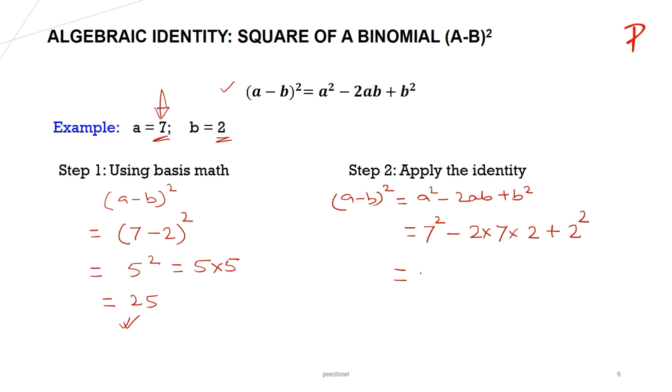Okay, 7 square is 49, minus 2 multiplied by 7 is 14, 14 multiplied by 2 is 28, plus 2 multiplied by 2 or 2 square is 4, right? 49 plus 4 is equal to 53 minus 28, right? This is equal to 25. 53 minus 28 is 25. Okay, so again the identity holds true for subtraction also, right?